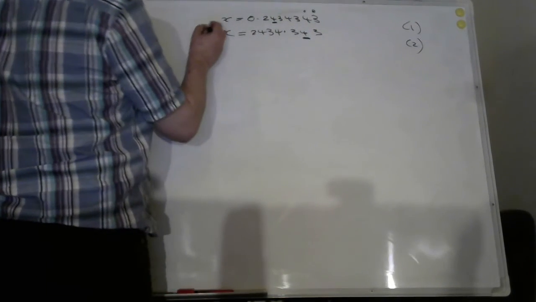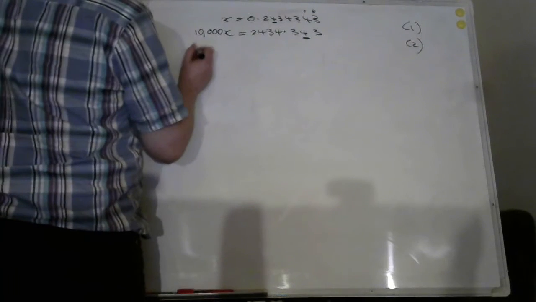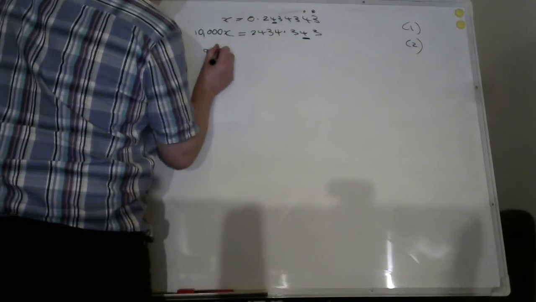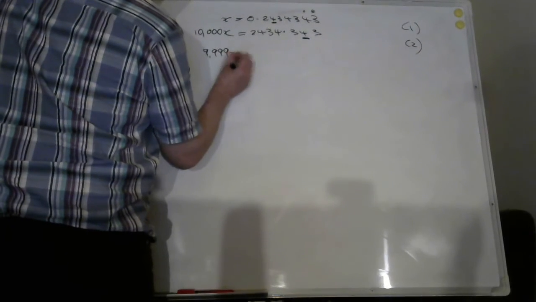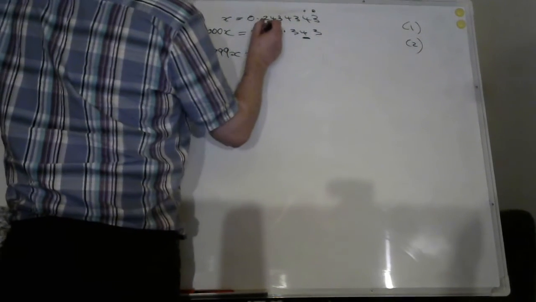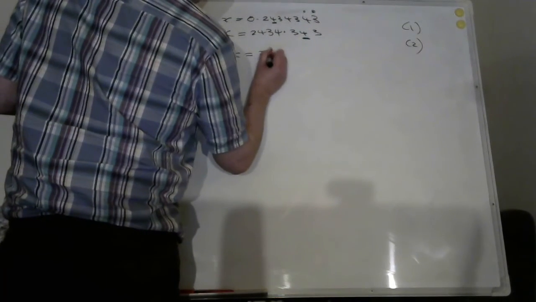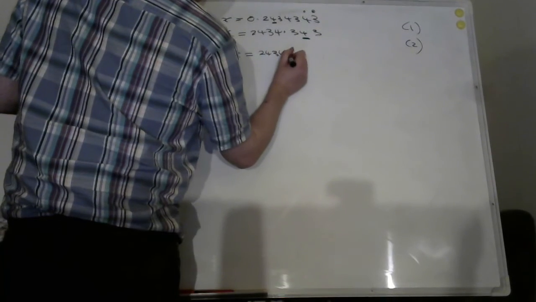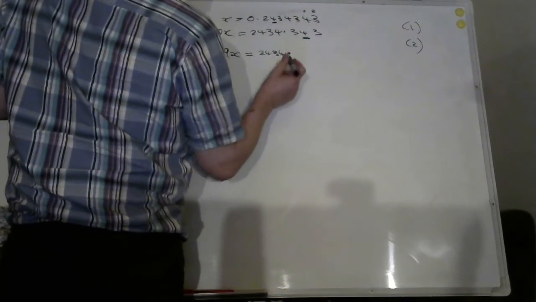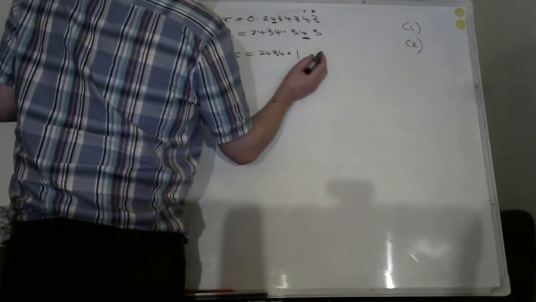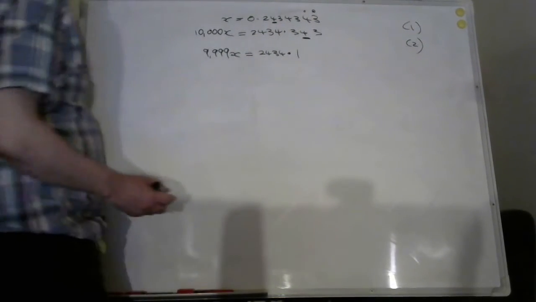So if we subtract x from 10,000x, we get 9,999x. And if we subtract that from that, we get 2,434 point, well, 2 from 3 is 1, and everything else should just cancel out.